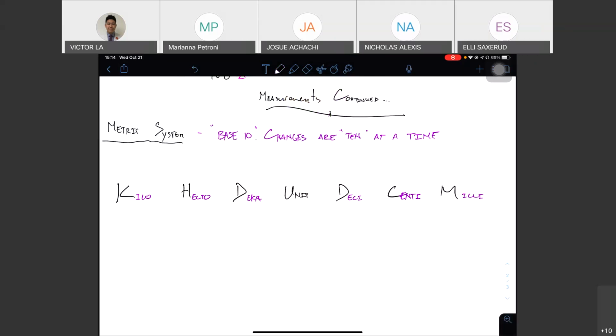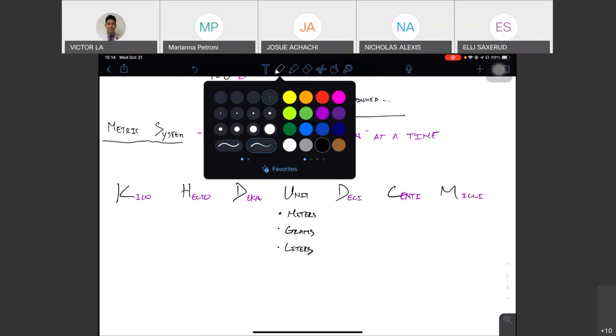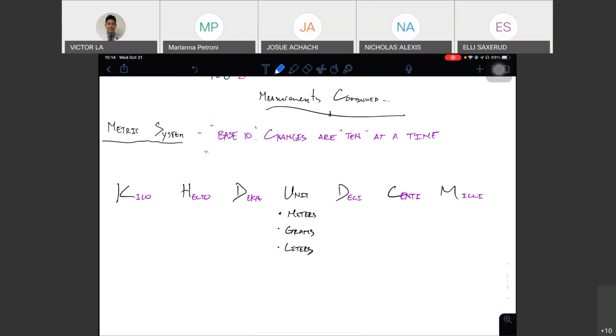So unit means a unit of measure in the metric system. And there's only 3 really. You've got meters, grams, and liters. So what's the mnemonic device? Well, there's only one, and I never heard this before teaching this, so it goes something like this.